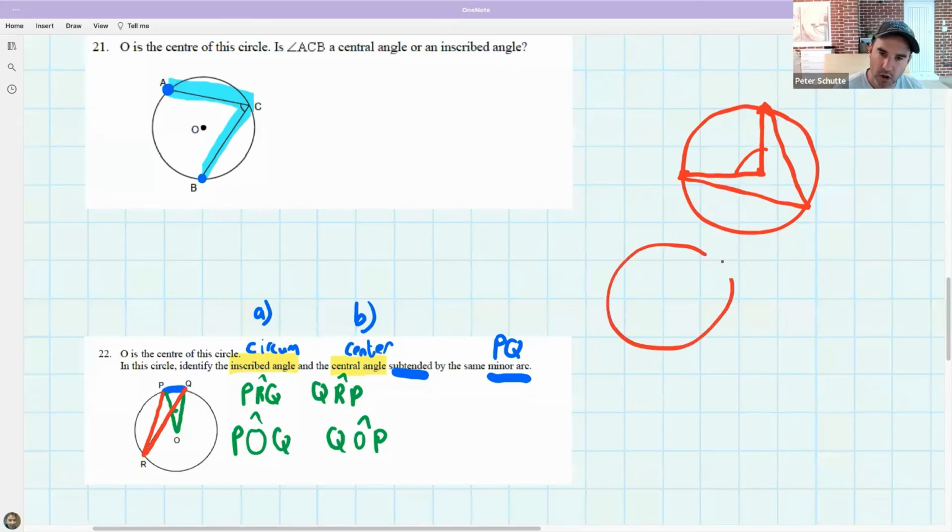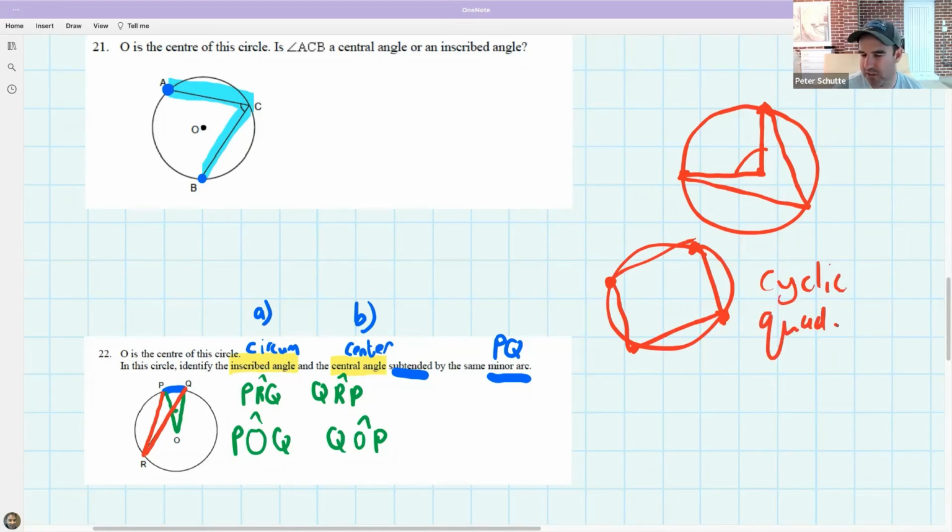Or earlier in the lesson, we spoke about a four-sided shape with all its corners on a circle, and that's called a cyclic quadrilateral, because a circle goes through all 4 points. And so that's called a cyclic quad. Often they use quad with a dash there.